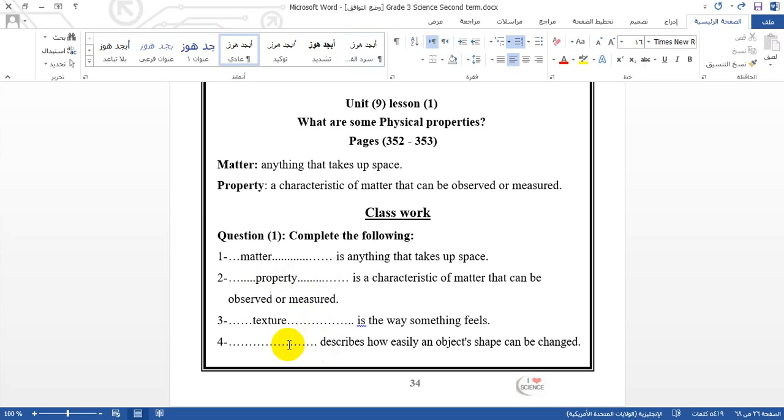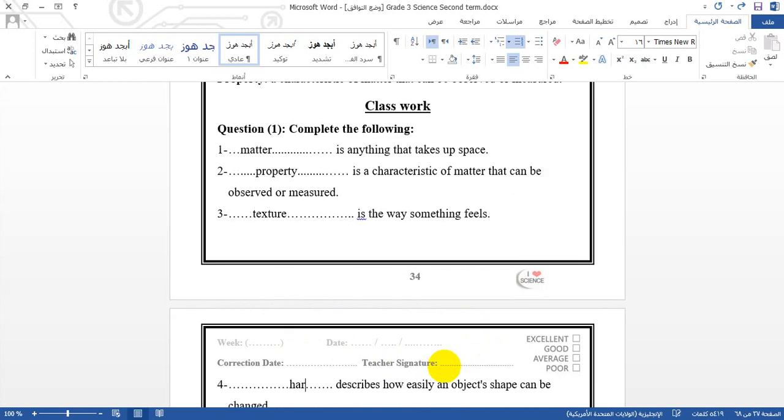What is it exactly, guys? It is the hardness. Hardness is the property that describes how easily an object's shape can be changed.